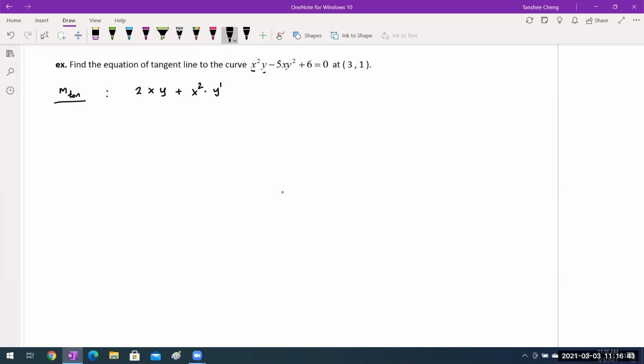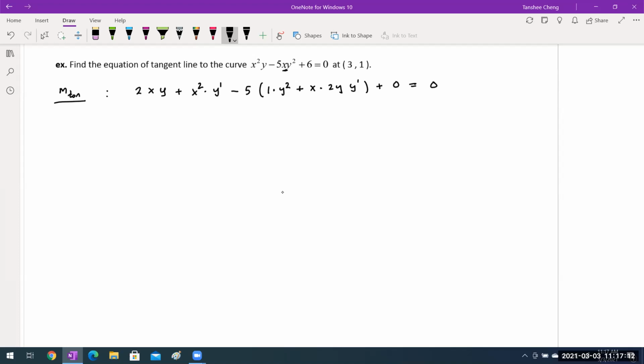And then minus, now I need to take the derivative of the second term again, using the product rule, so I will have minus 5 times the derivative of the first factor, x, which is 1 times y squared, plus the derivative of the second factor, which is x times 2y y prime. And then plus the derivative of a constant, which is 0, and the derivative of a constant on the right-hand side is also 0.